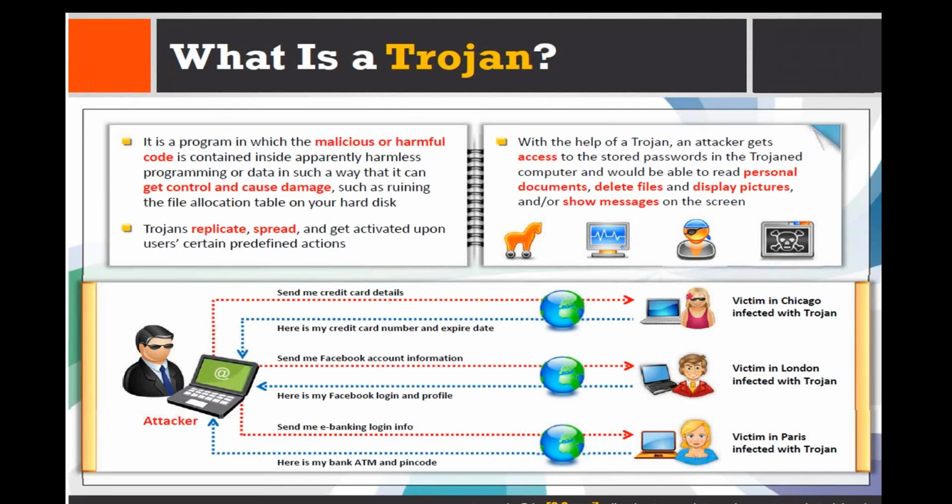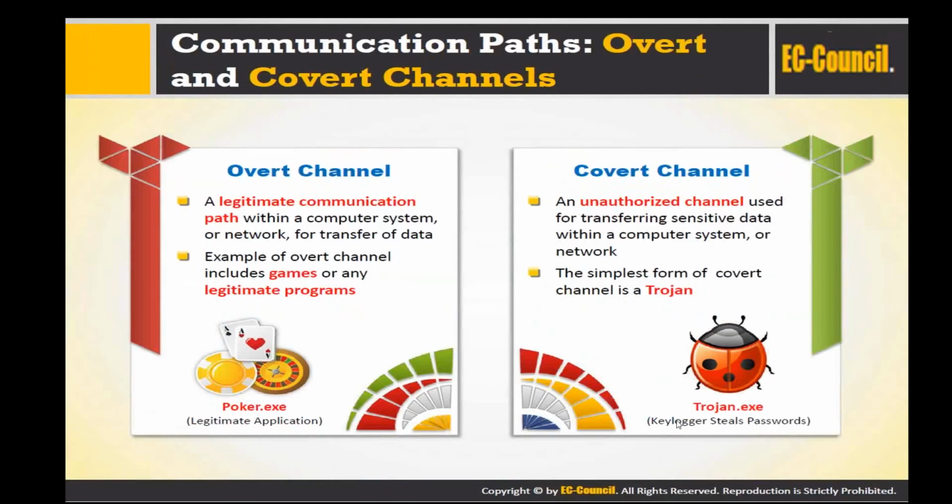Think about a software which looks free but has a virus inside. People do wrap it. Free MP3, which has a virus inside, or which reports information. What kind of information? This is totally up to the hacker. They can send credit card information, any kind of information. So how is this happening? Via channels. We've got two kinds of channels in my computer. One is the overt channel, two is the covert channel.